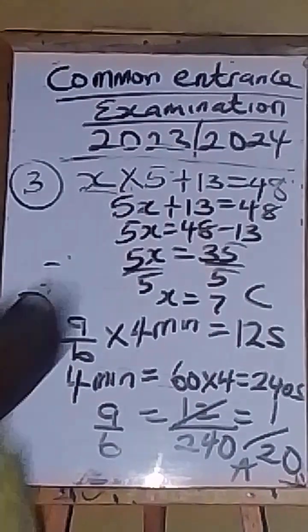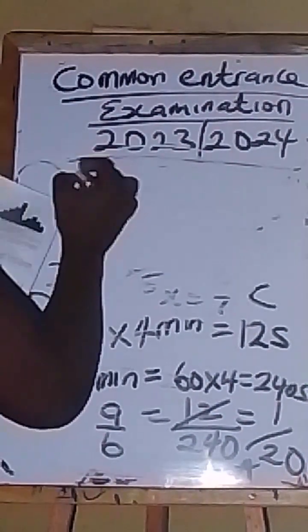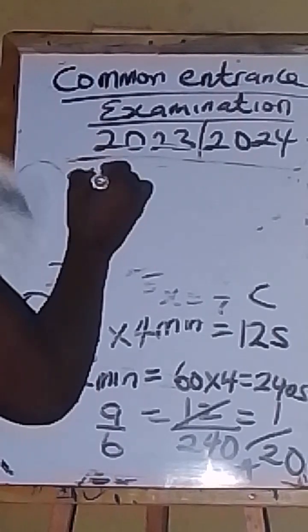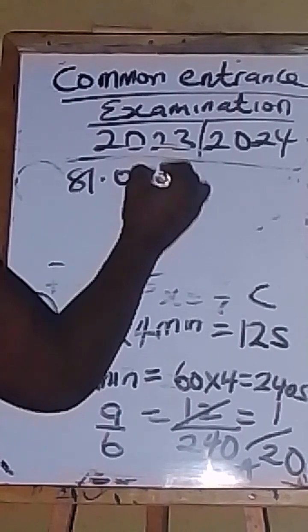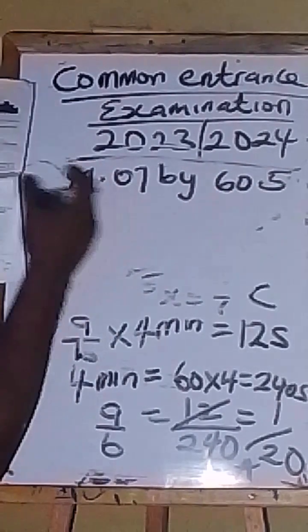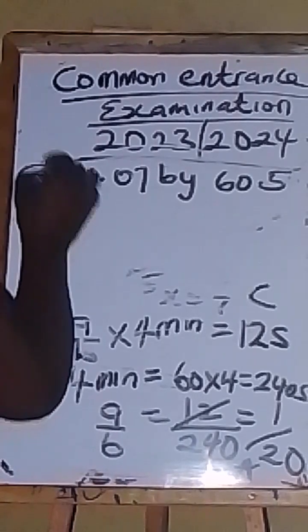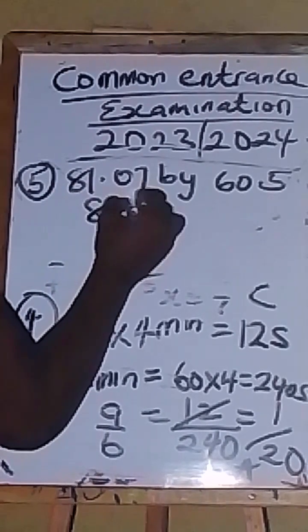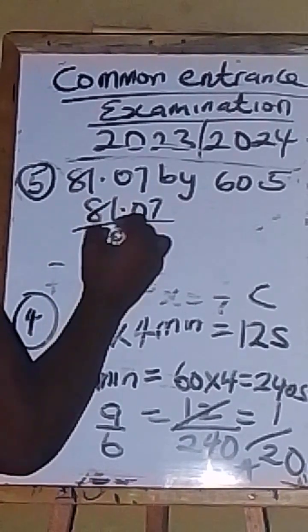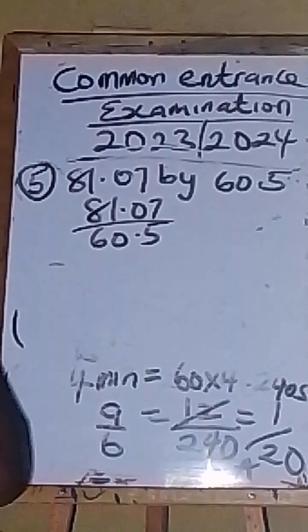So the next one, we are asked to divide 81.07 by 60.5. So in this case, we have 81.07 divided by 60.5. There are different ways to do that. You can do the long method or you can do the short method.